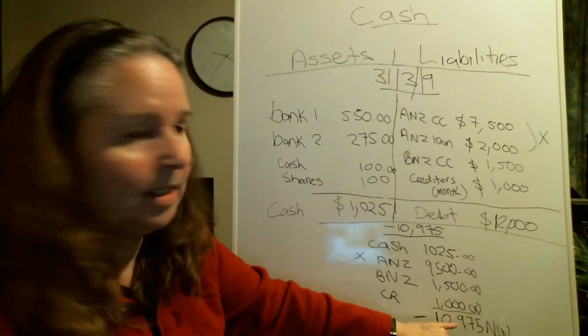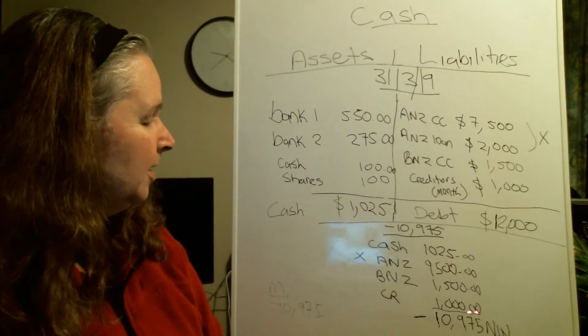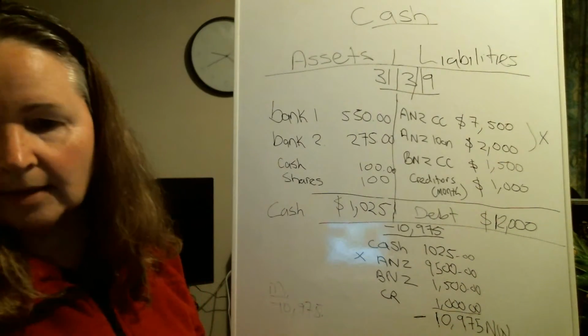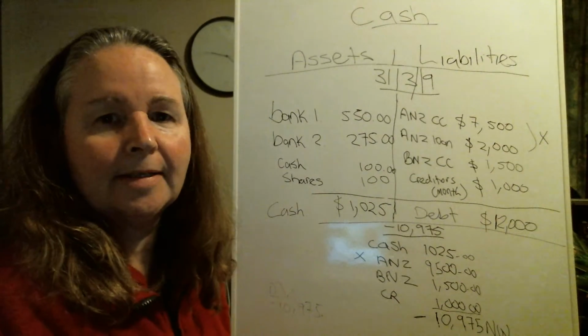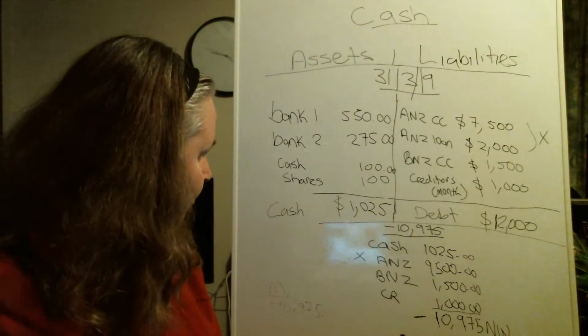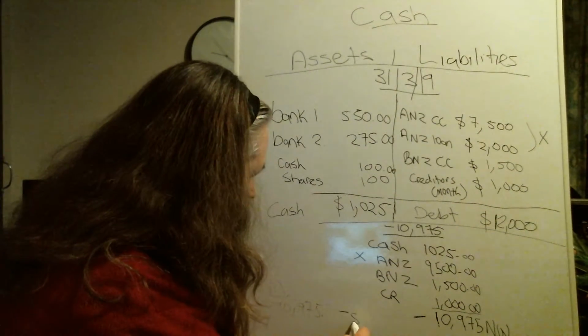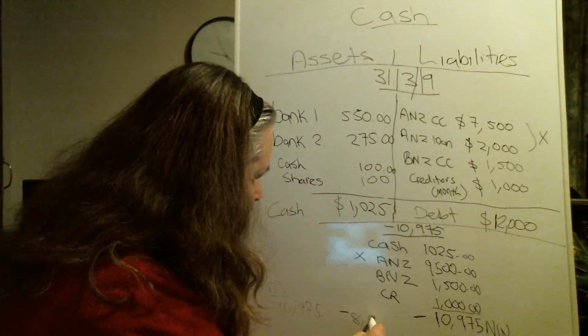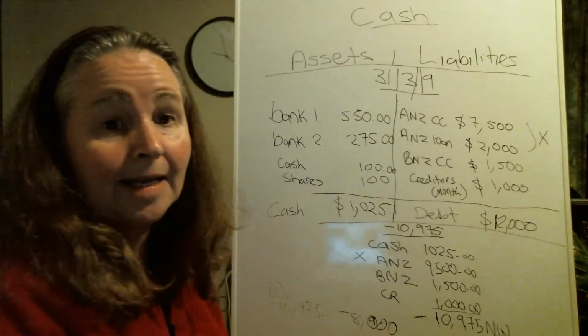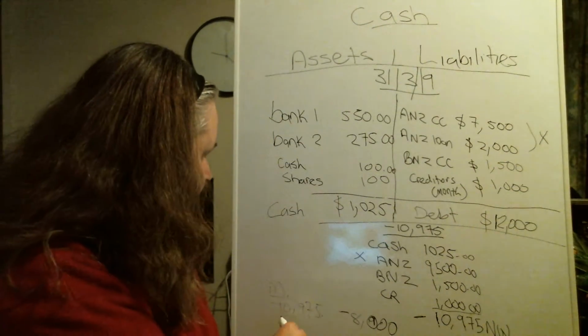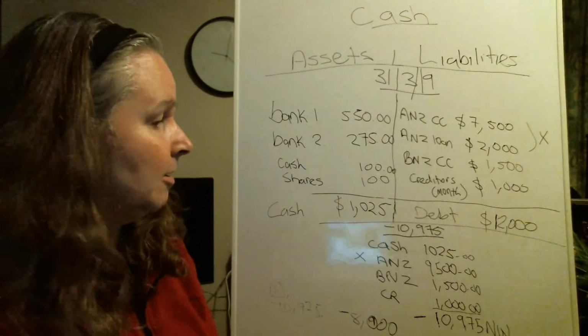But down on the spreadsheet, you'll put that wherever you want to put it. So at the end of February, for example, I might have a balance of minus $8,000, but this month I've got minus $10,000.